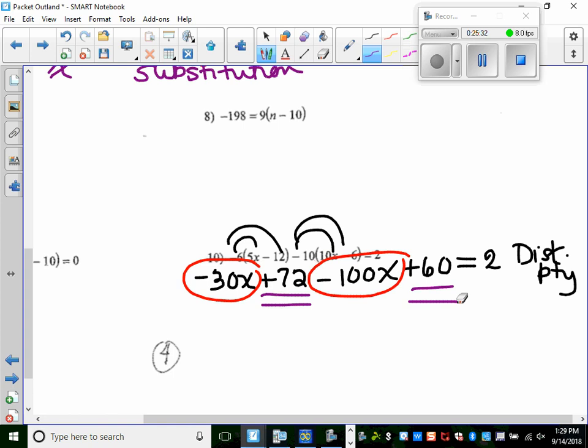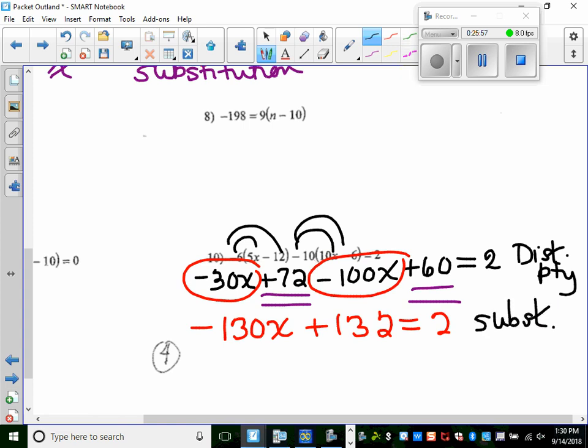How many x's would I have if I combine all of those x's together? Negative what? 130x, okay. And then when I combine my constants, 72 plus 60 will give me what? 132. So when we combined, what property? Substitution. Very good. Substitution property.